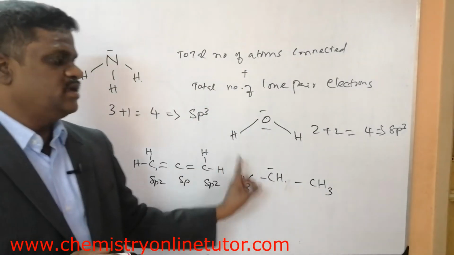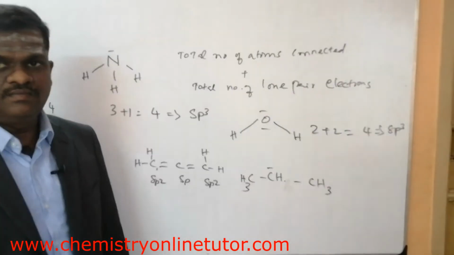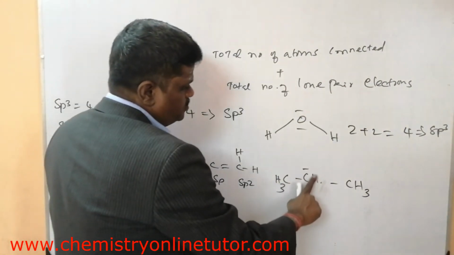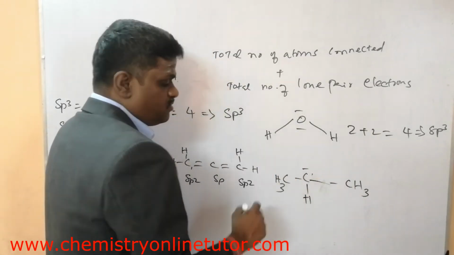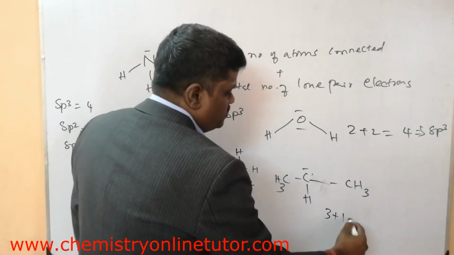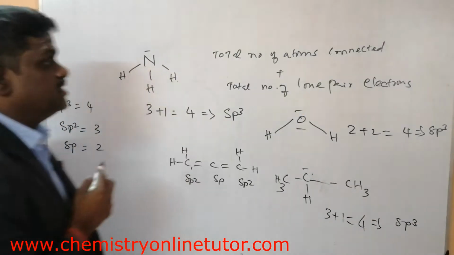I give this kind of anion. Now find out the hybridization of the center carbon atom. How do you do it? This is connected to how many atoms? 1, 2 and 3, 3 carbon atoms, and this has 1 lone pair. That means total 4, so it gives sp3.